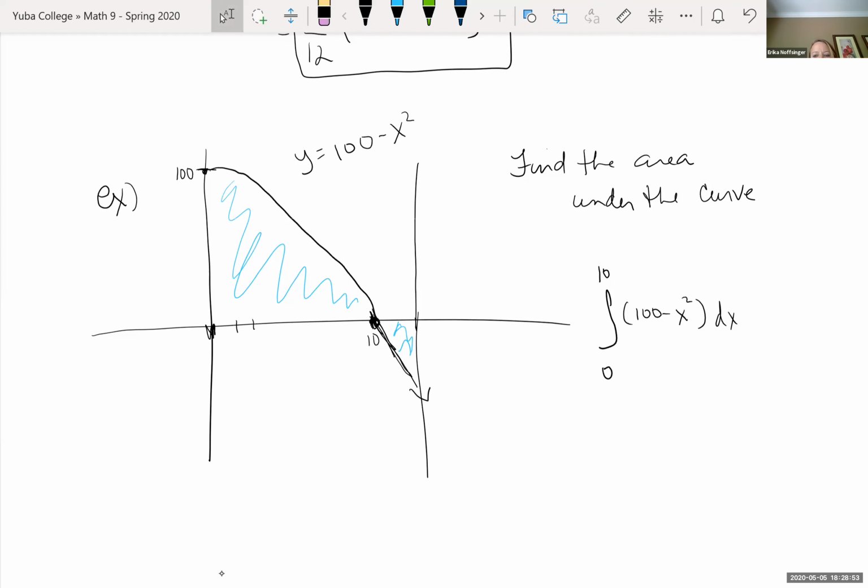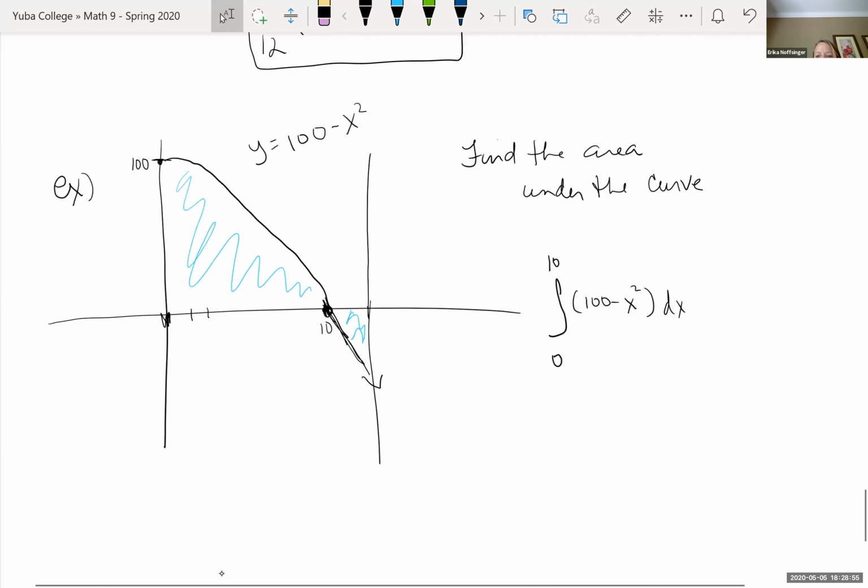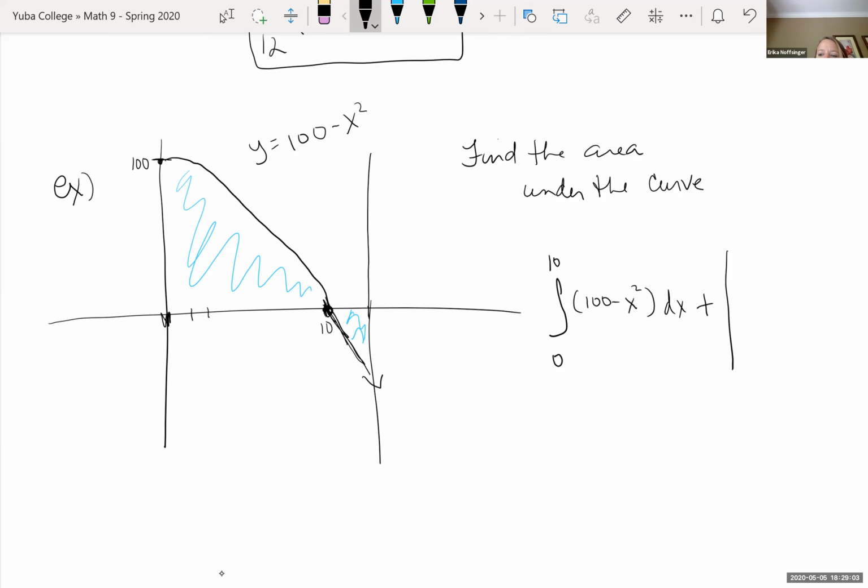So to take care of that negative result, we can either subtract off that integral, or we can think of it as adding the absolute value of the integral from 10 to 11 of our function 100 minus x squared dx.